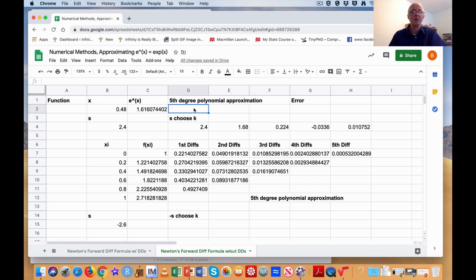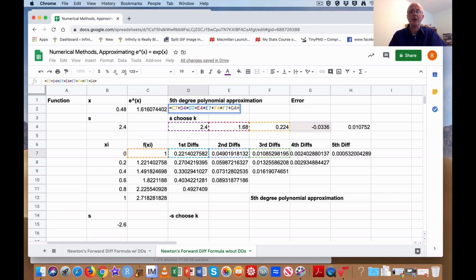So these are the numbers that are going to go in front of these values down here. So the 5th degree approximation should be, first of all, f of x0, which is this one, plus this times this, etc. I'll just type now. E4 times E7 plus F4 times F7 plus G4 times G7 plus H4 times H7.